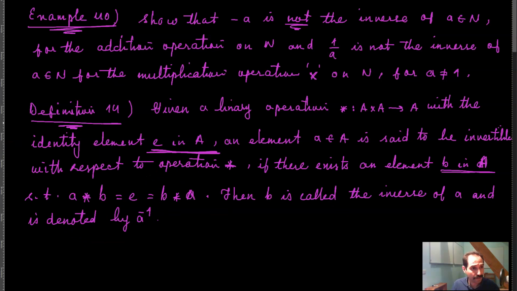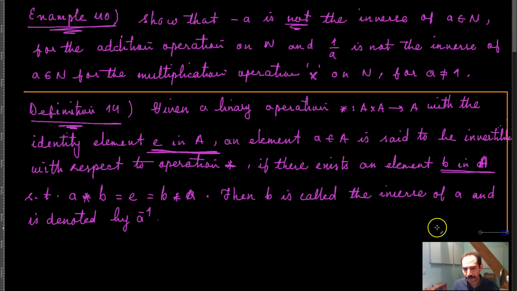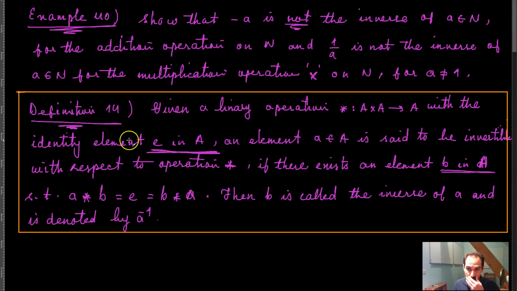Now in this problem, the situation that we have here is that we want to show that 1 divided by a is not the inverse of a belonging to n for the multiplication operation on n, for a not equal to 1.